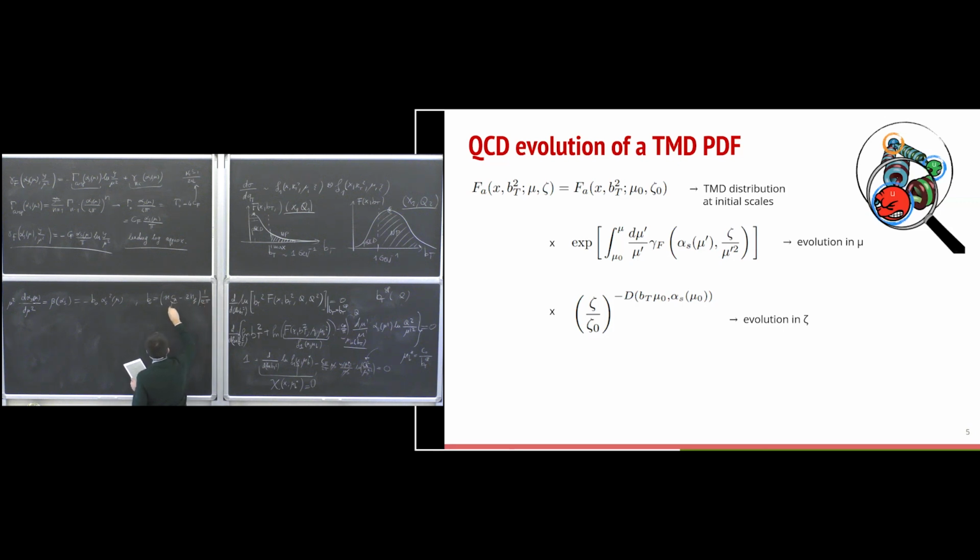CA is equal to the number of colors in QCD, and this is the number of active flavors. In principle, the number of active flavors depends on the energy scale, and on the framework that you use. So in principle, this could be a function of mu as well. But in our case, we keep it fixed. It's just a number to make things simple. So B0 is just a number here.